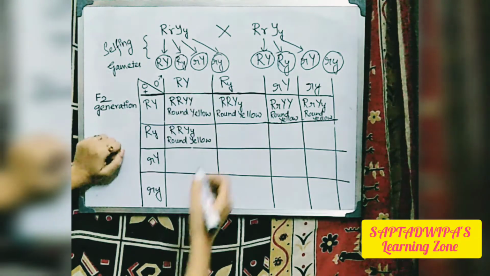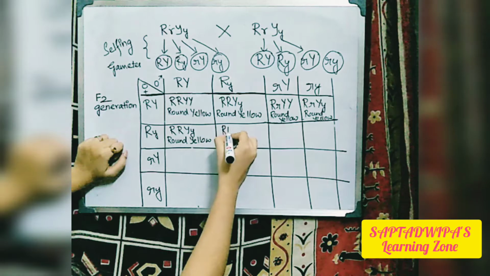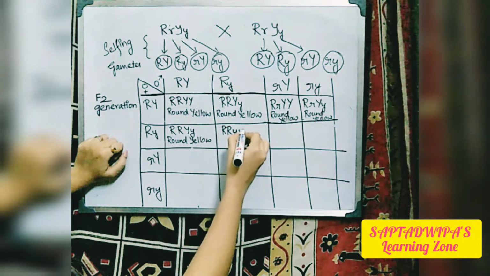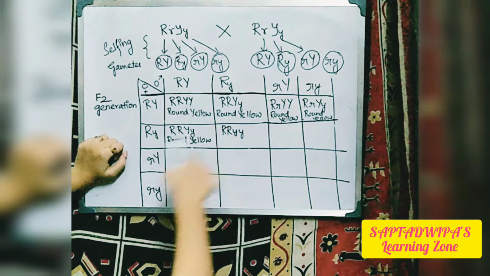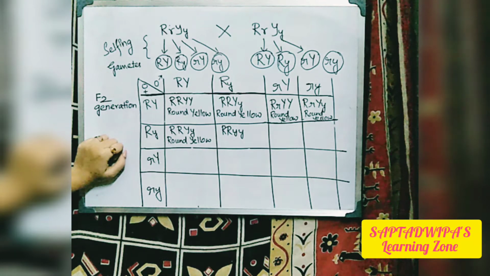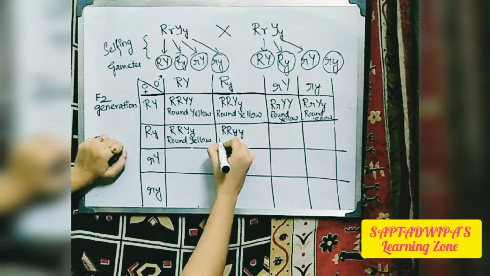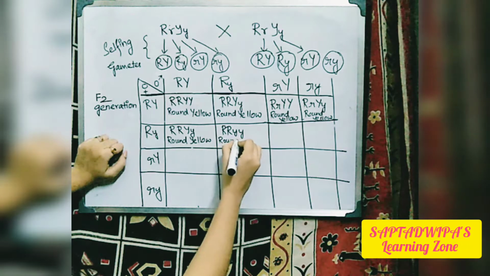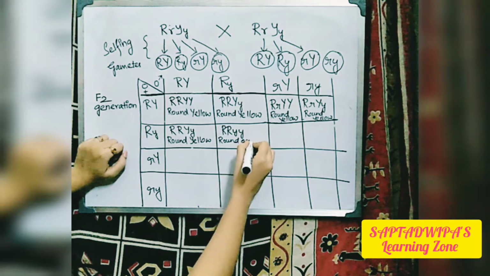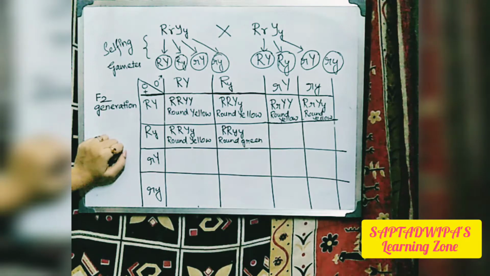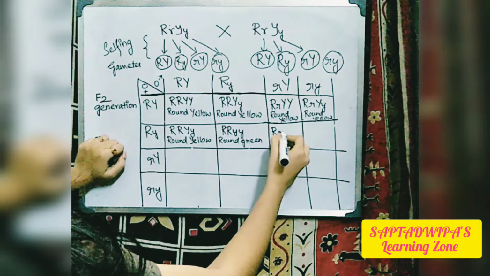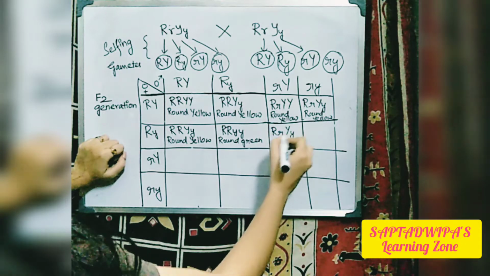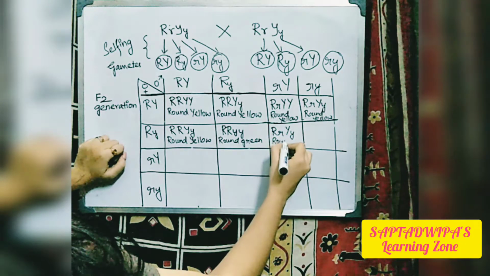Coming to this. So capital R, small y. That means round. But this is what? Small y was what? Green. So round green seeds. Now this got changed here. So round green. Okay. Next, capital R, capital Y, small y. So again, round yellow seeds.